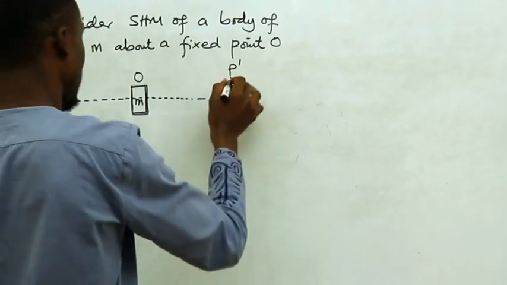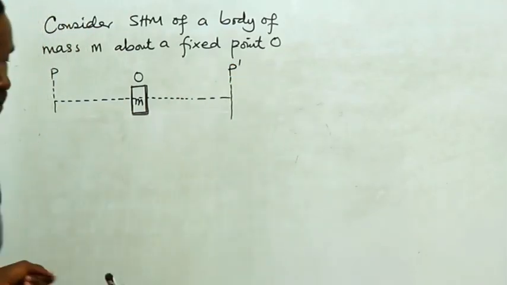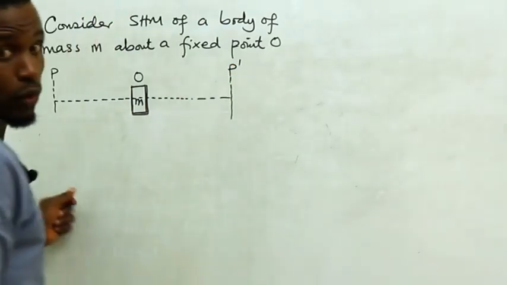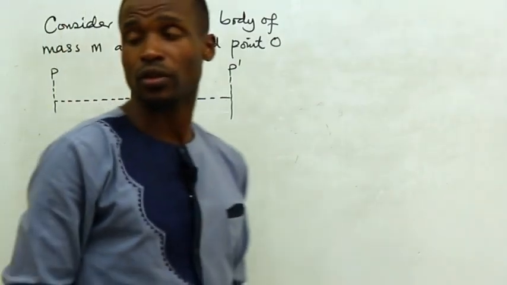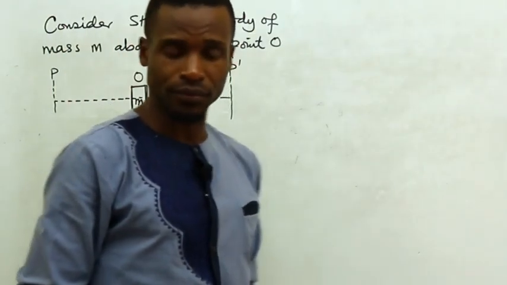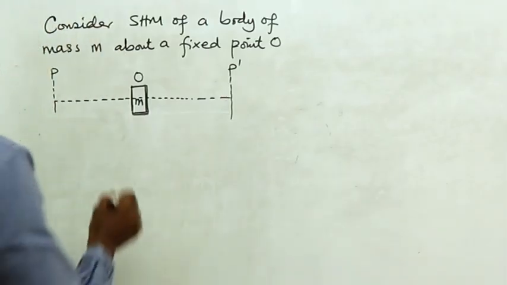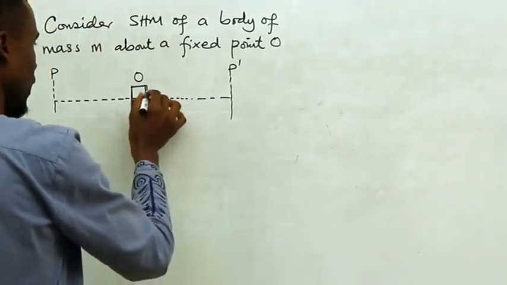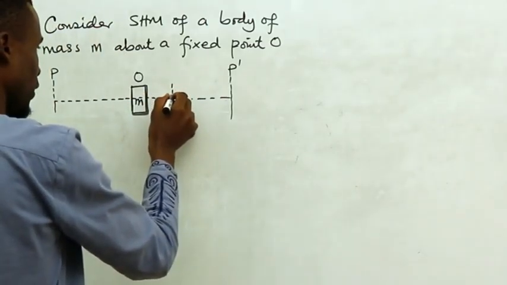P and P prime. We want to look at a case where, if this is the equilibrium position, we displace that body.